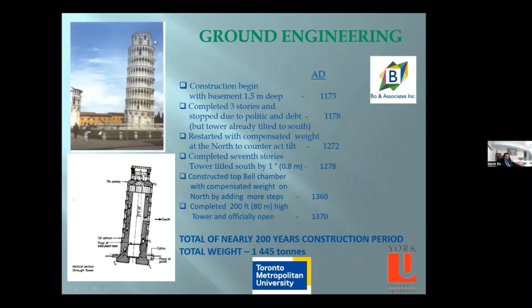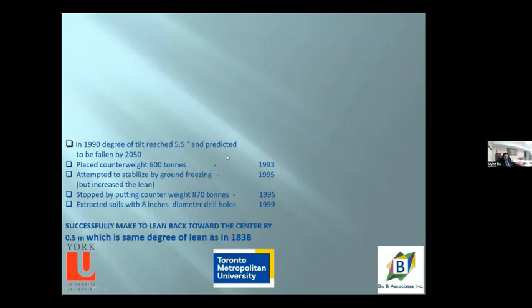So it is a very slim and tall tower built on soft clay. In 1990, the degree of tilt reached 5.5 degrees and it was predicted to fall by 2050. So that is about 30 years from now.